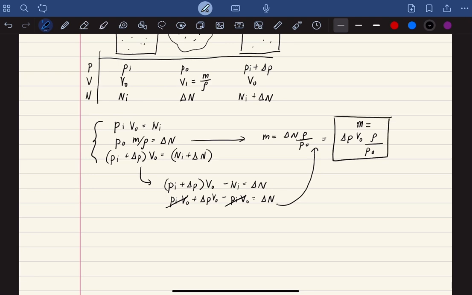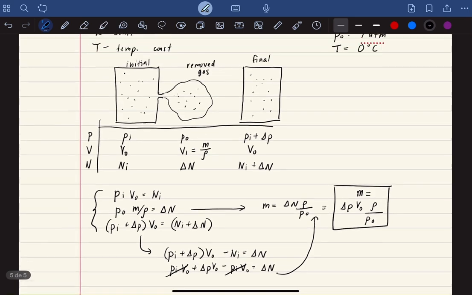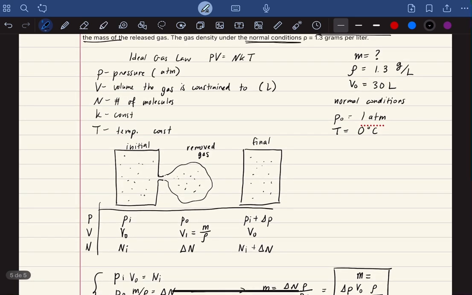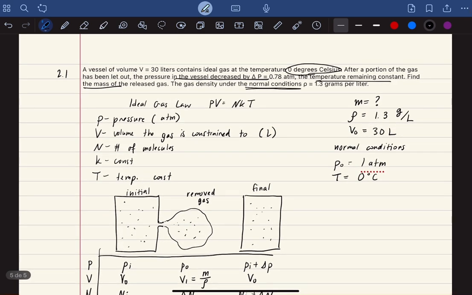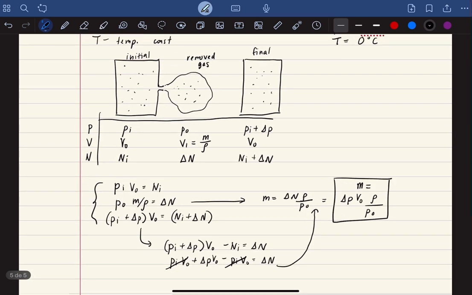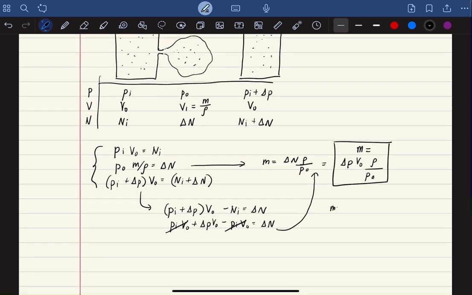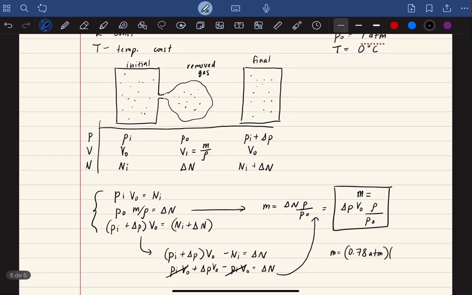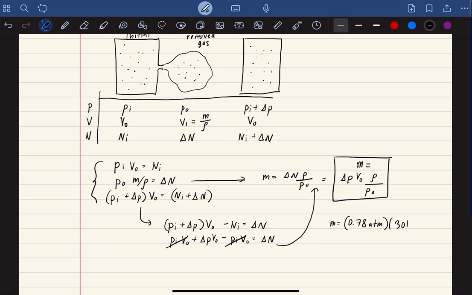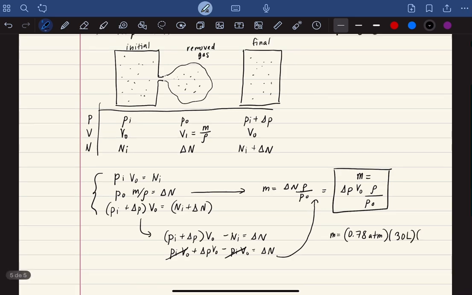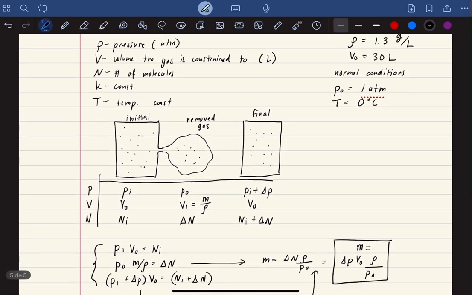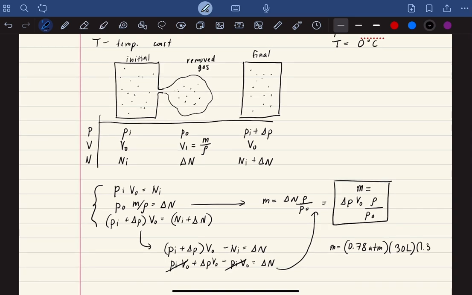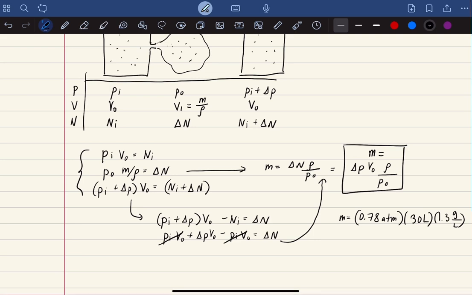If you want to plug in the numbers, delta P was 0.78 atm, V naught was 30 liters, rho was 1.3 g per liter, all divided by 1 atm.